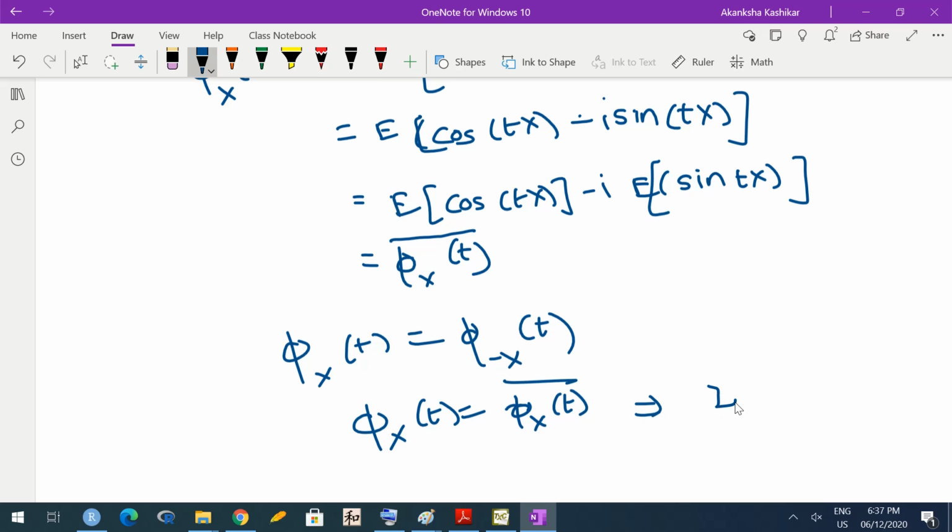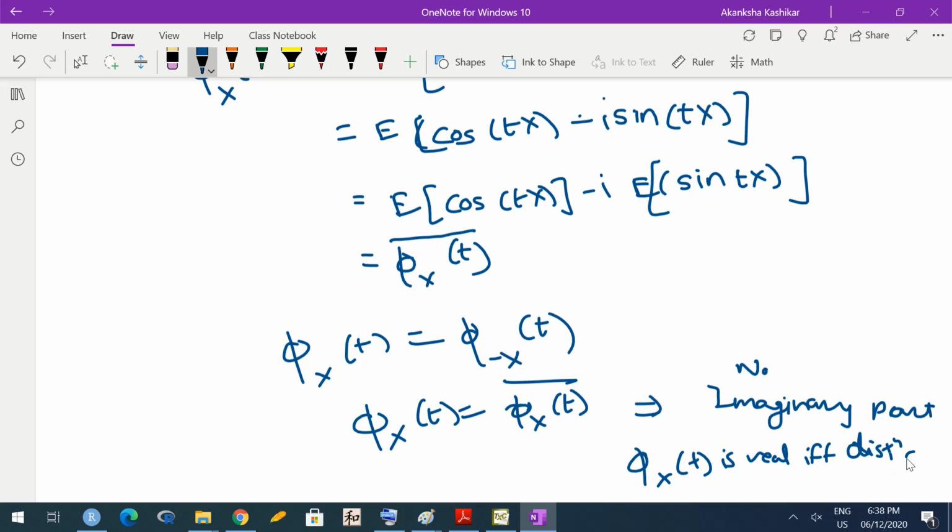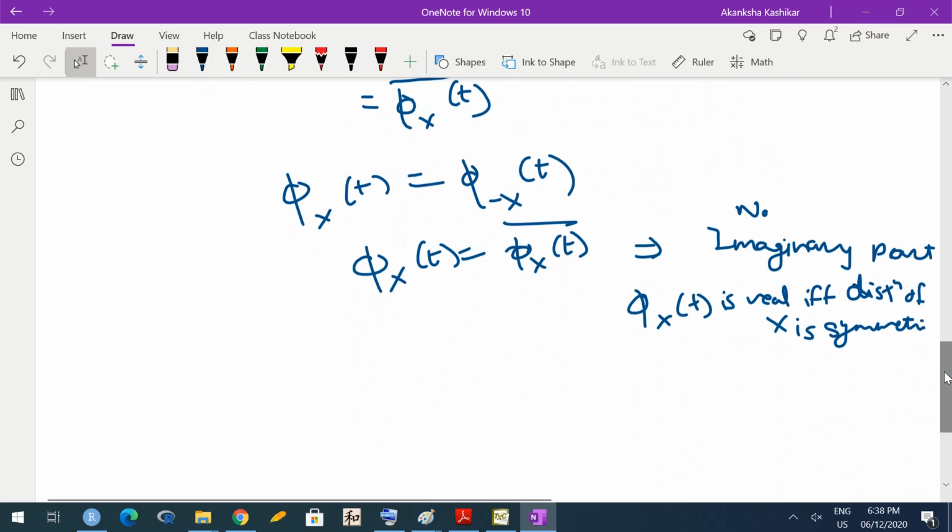This means that the imaginary part vanishes, so the characteristic function is real. So phi X(t) is real if and only if the distribution of X is symmetric around 0, that is X and -X have exactly the same distribution. Just symmetric is not enough, it has to be symmetric around 0.